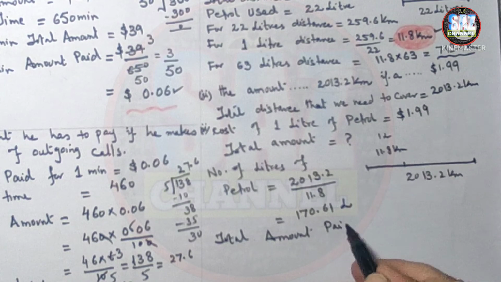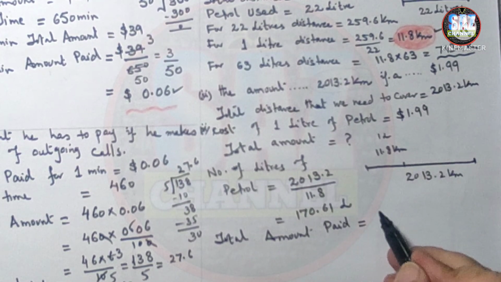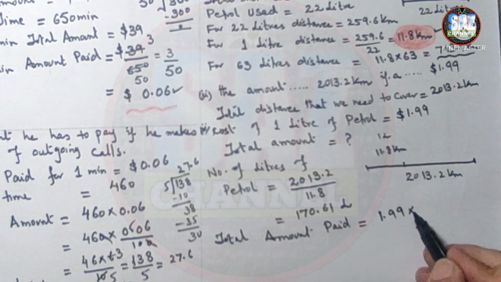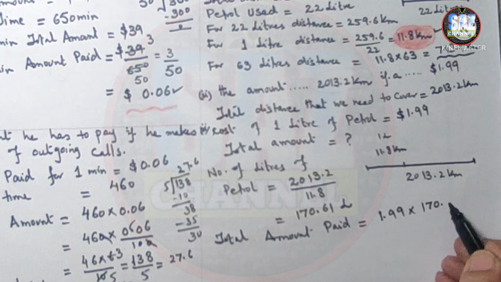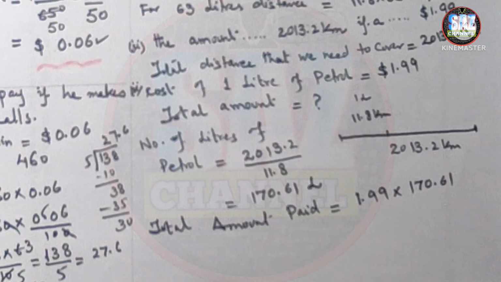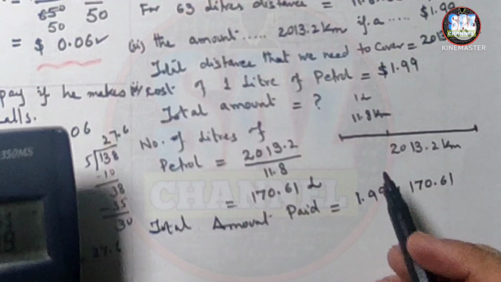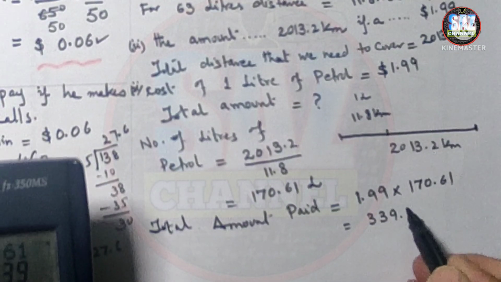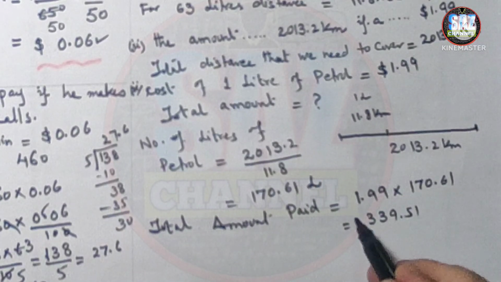So total amount paid will be equal to $1.99, which is the rate for 1 liter of petrol, multiplied by 170.61. 1.99 multiplied by 170.61 gives me, let me see, 339.51 dollars.